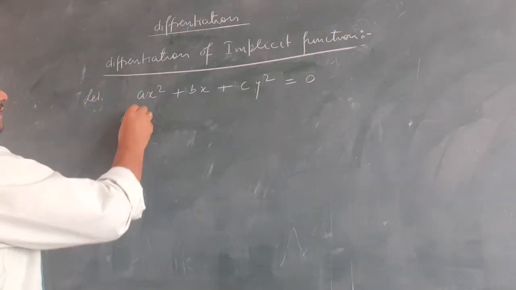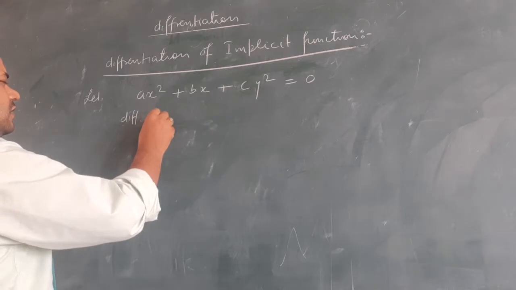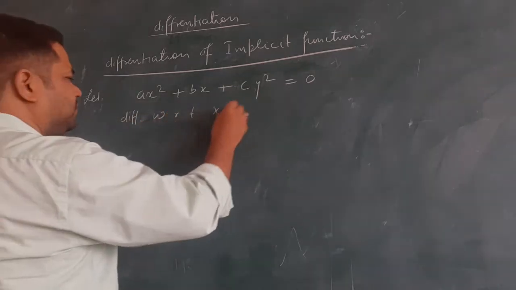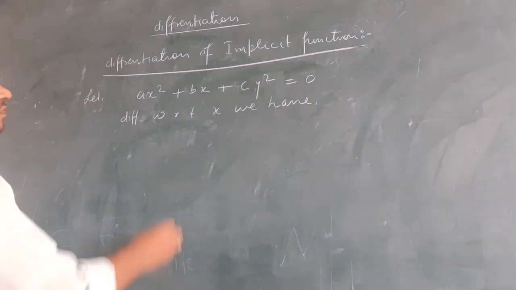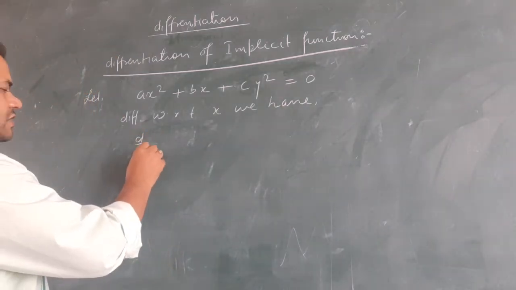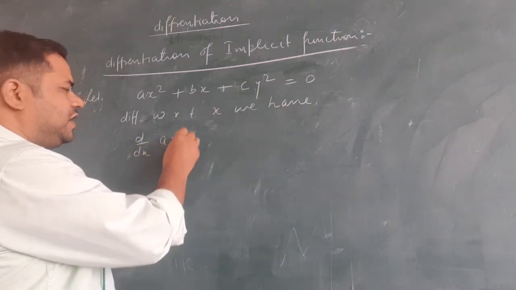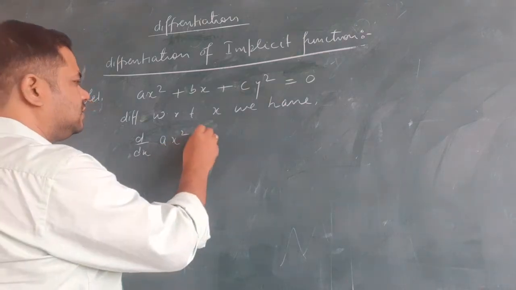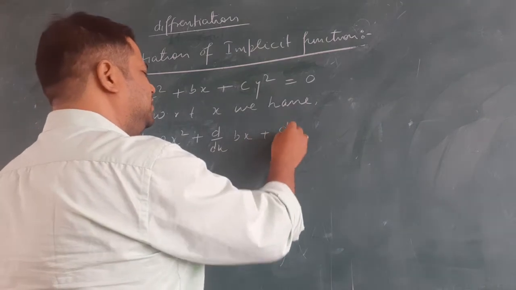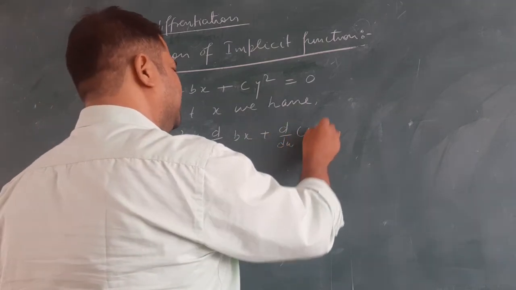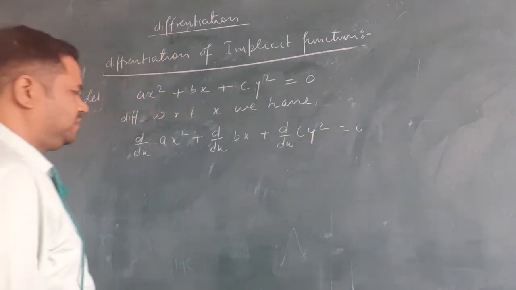Differentiating with respect to x, we have d by dx of ax square plus d by dx of bx plus d by dx of cy square is equal to 0.